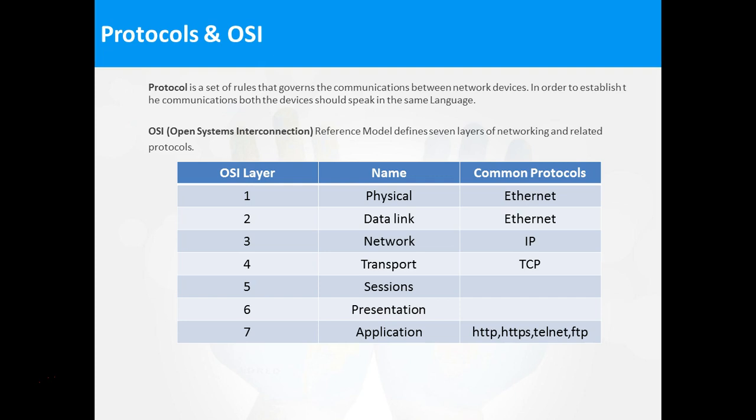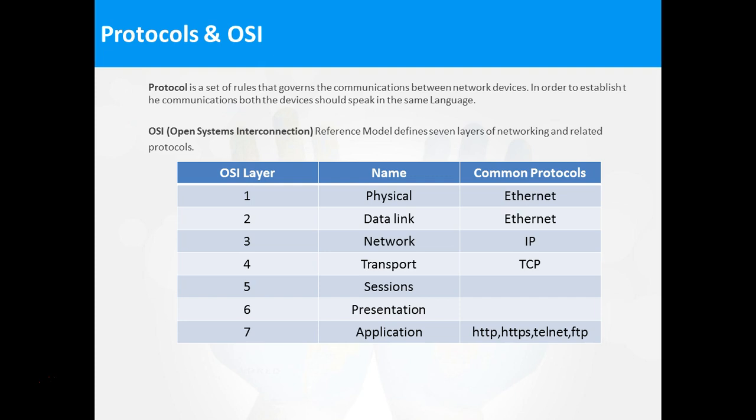They are the physical layer, data link layer, network layer, transport layer, session layer, presentation layer, and application layer. And the related common protocols are displayed in the slide. Few among them are Ethernet, which works in the physical and data link layer, and IP and TCP.